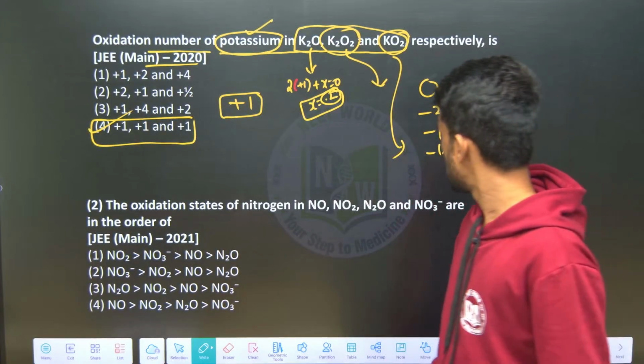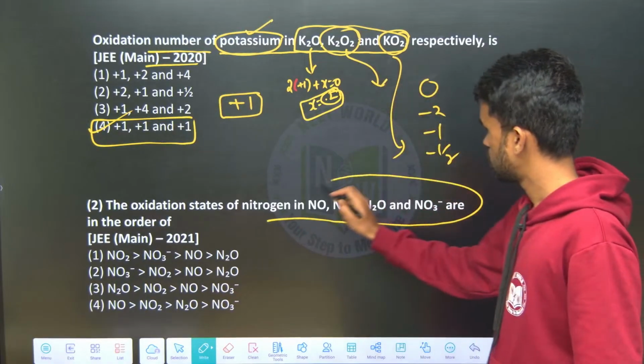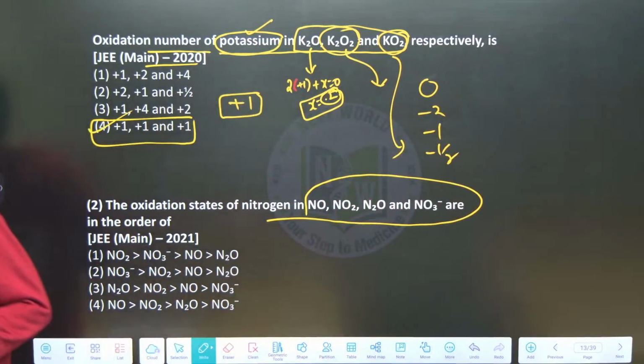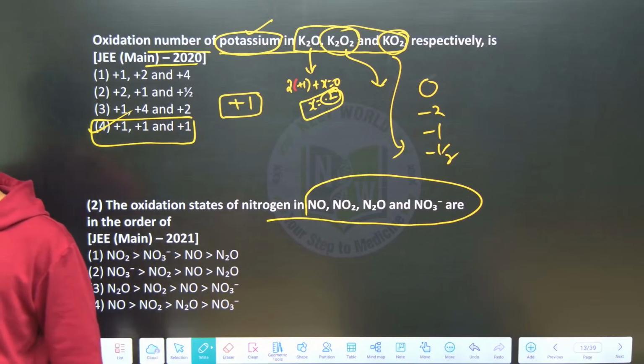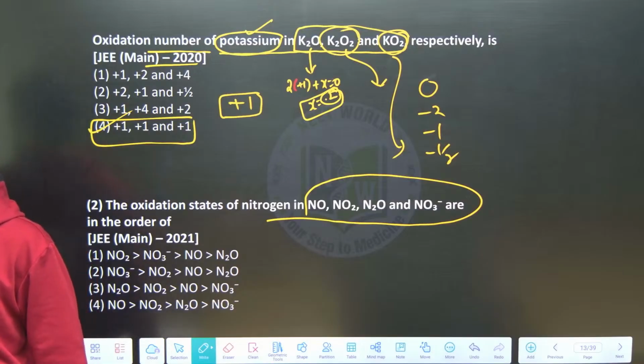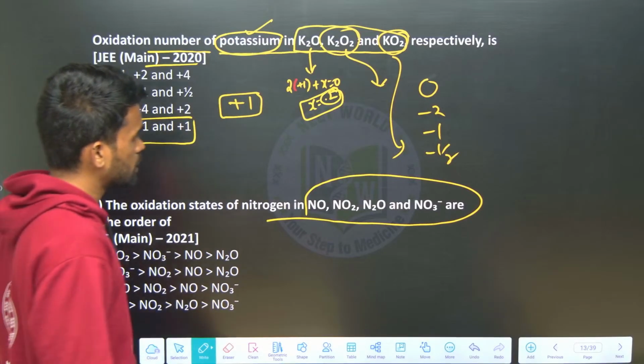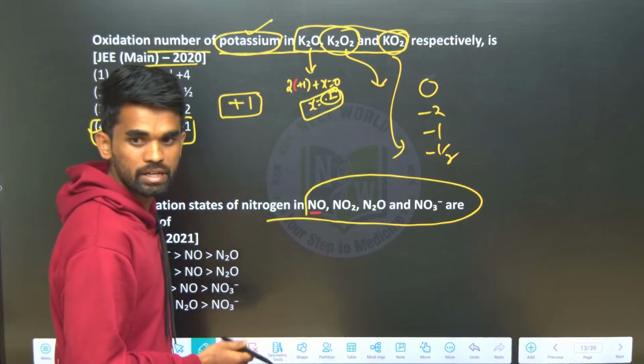Okay, remember this. Now tell me, in this case, the oxidation state of nitrogen in these compounds. See, between nitrogen and oxygen, which is more electronegative?